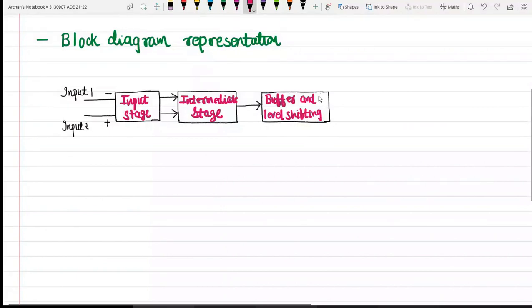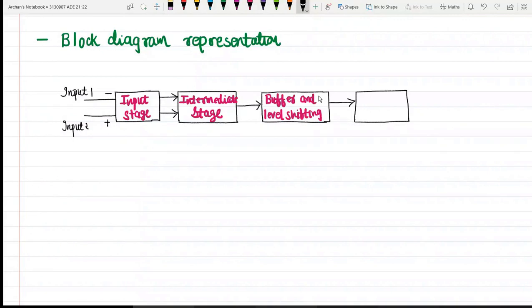So the output of this buffer and level shifting stage will be provided to our final stage, which is nothing but the output stage. Okay. And finally, we will have some output over here, right?